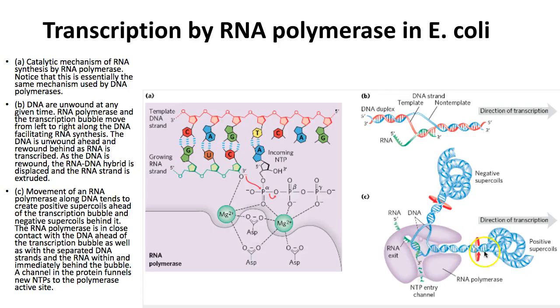While it's being unwound, in front of the transcription you have this positive supercoil, and then you have the generation of RNA, where there is an entry where the nucleotides can go in to start building up the RNA strand. As the DNA comes out, it gets wound back together again, and you have this negative supercoil. The direction of transcription is from left to right.